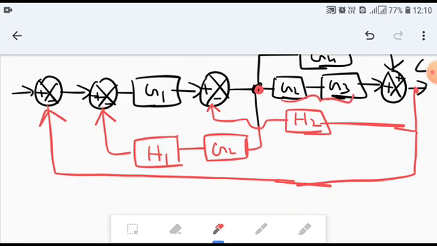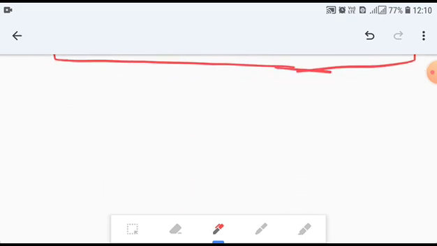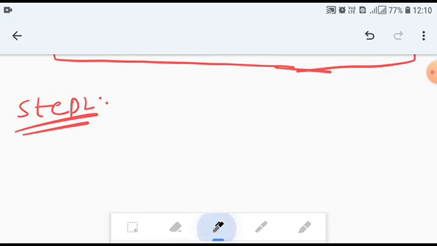So that block diagram we are going to draw, that is G2 into G3 because they are in series, plus G4 because G4 is in the parallel forward path, and both are plus, right. So that will be step 2. We are going to write again. You have to draw, there is no other option.